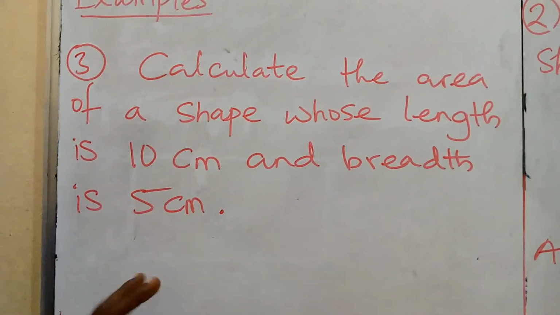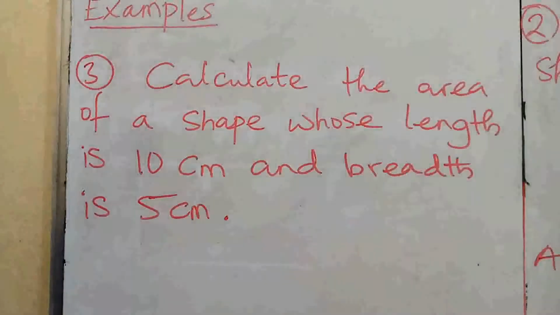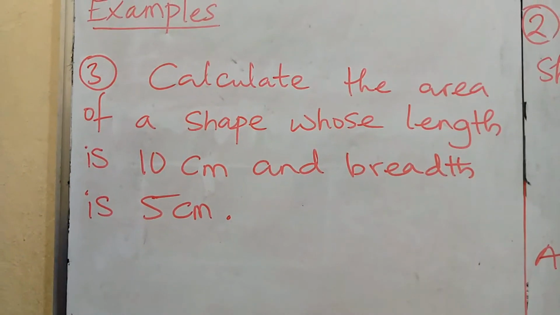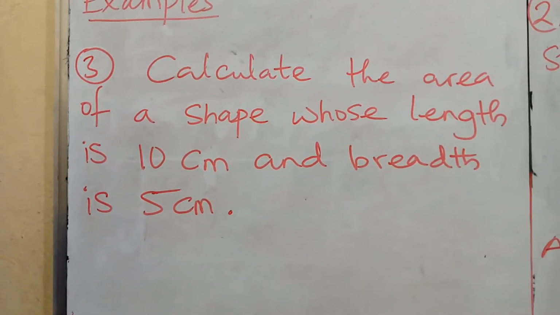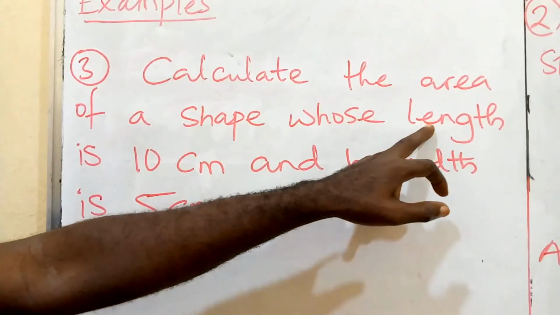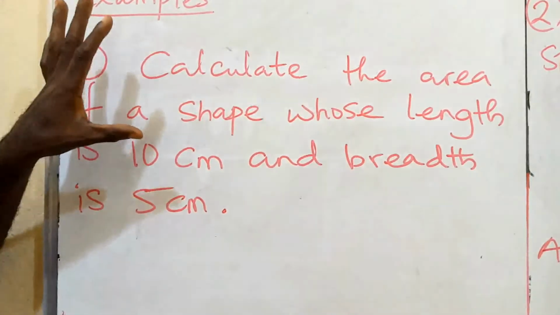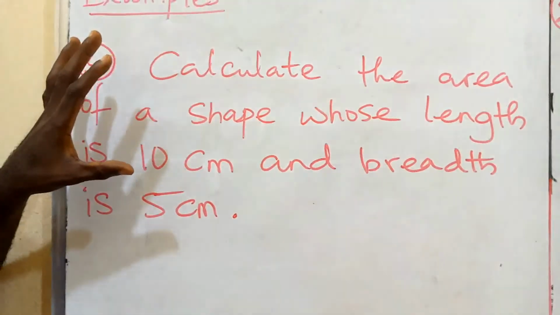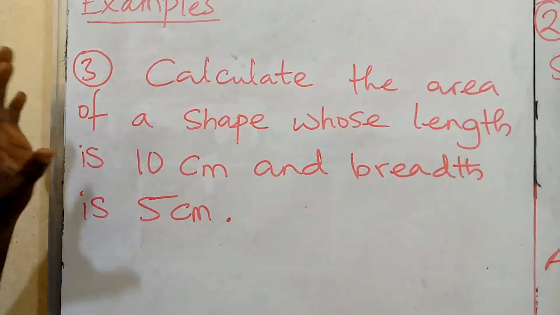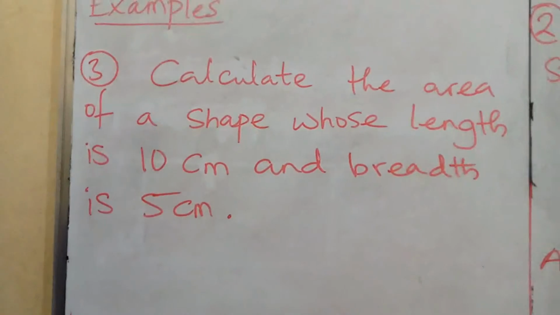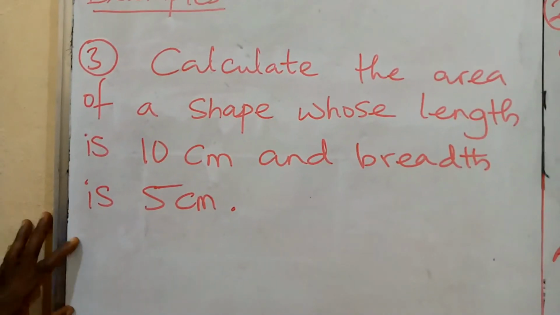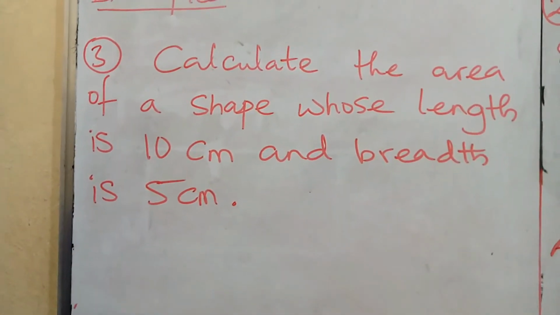And if you ask which shape has length and breadth, I guess you are saying a rectangle. It's a rectangle that has the length and the breadth. Though it has not been specified here, with your understanding and reasoning, you arrive at that. So next we are going to draw the shape of a rectangle.